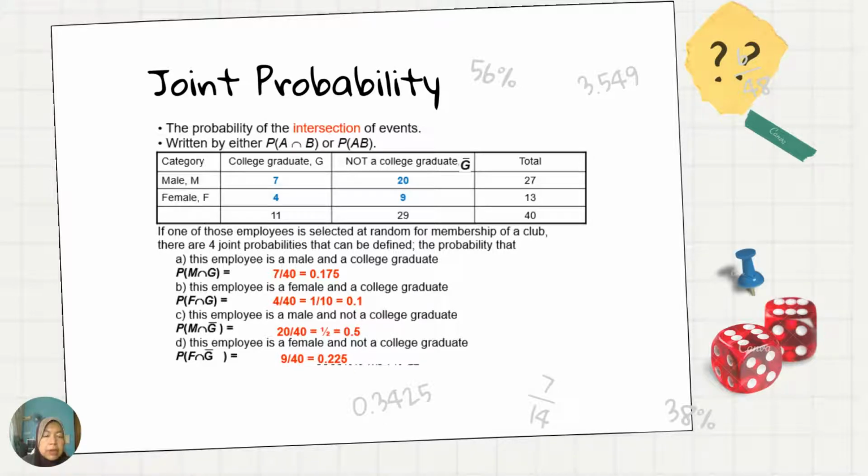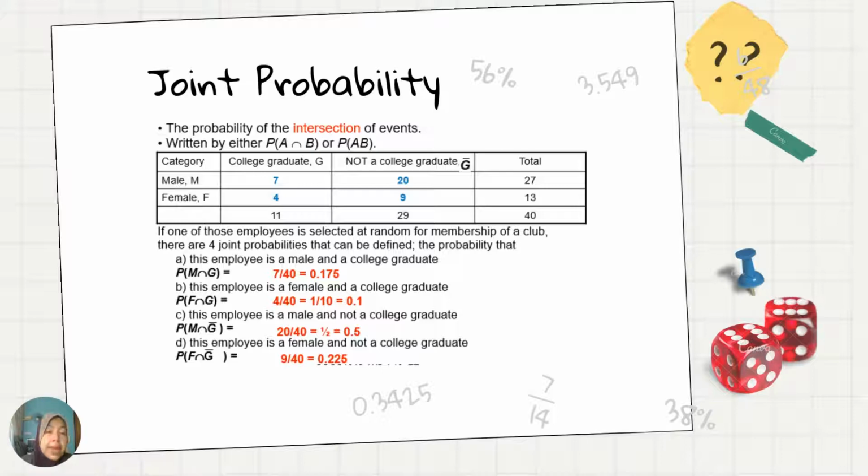In the course that I taught before this, normally we give the final answer as a decimal number, but actually 7/40 can also be considered as the answer. Okay, so next, female and college graduate, 4/40. Sorry, 14, out of 40, the total of both categories.